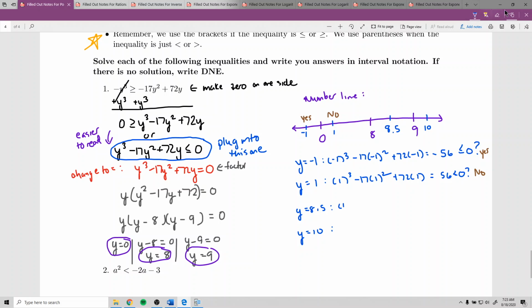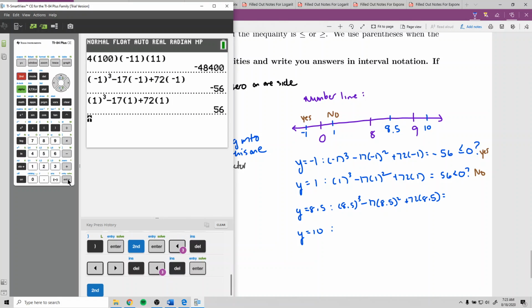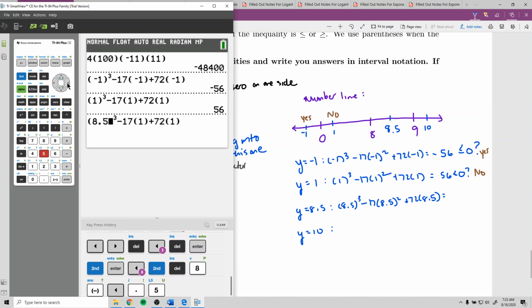So, oops, 8.5, when we plug that in, this is really where you want to have a calculator. We get 8.5 cubed minus 17 times 8.5 squared plus 72 times 8.5. And what does that equal? Now this you're going to want to hit insert because there's more than one digit. 8.5.